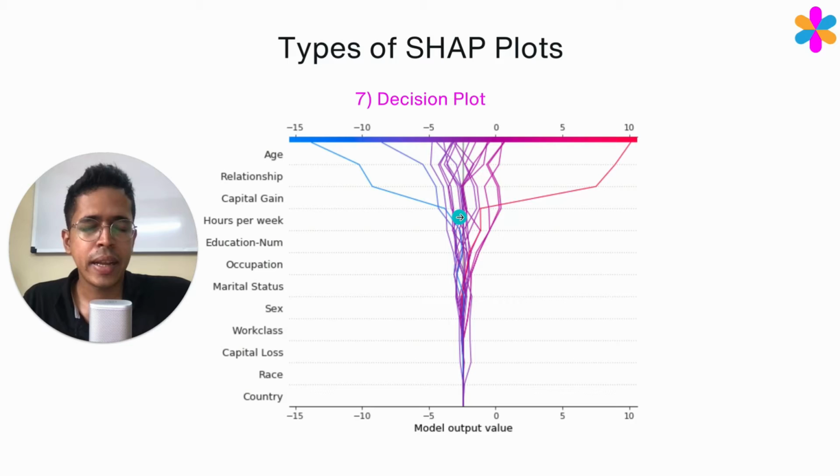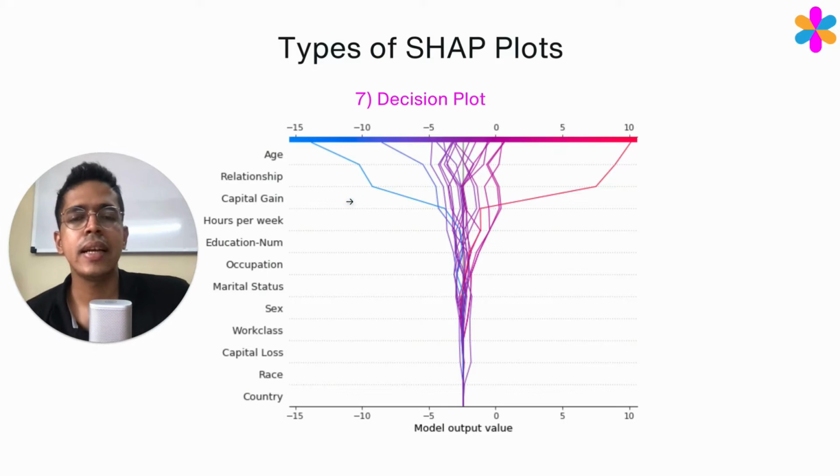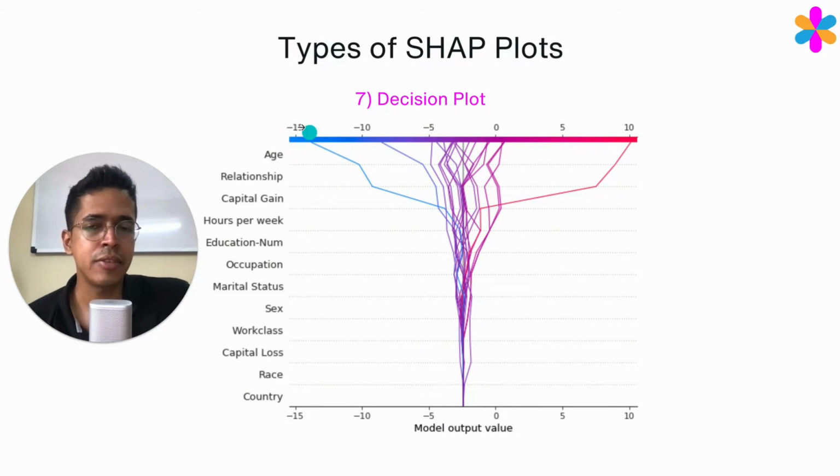This decision plot again shows the importance of some features: age, relationship, capital gain, etc. But according to this plot, you can see that there is a much higher degree of extremes for SHAP values. Age has a much higher negative SHAP value of 15 and a much higher positive SHAP value of 10.